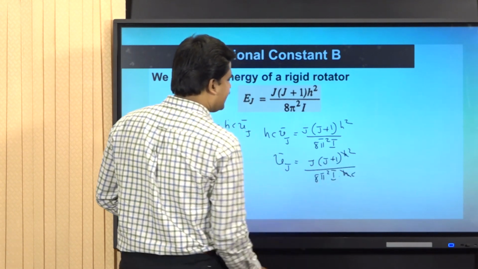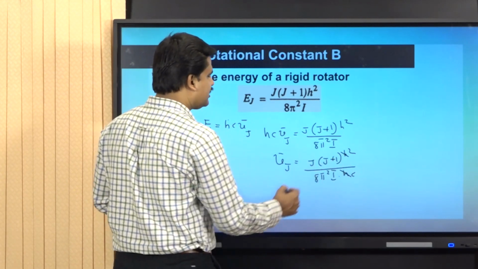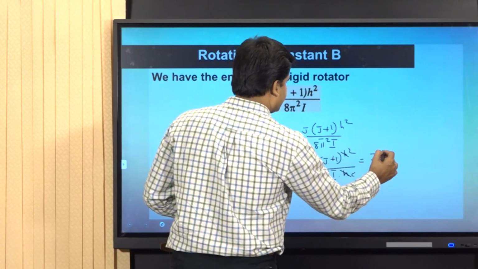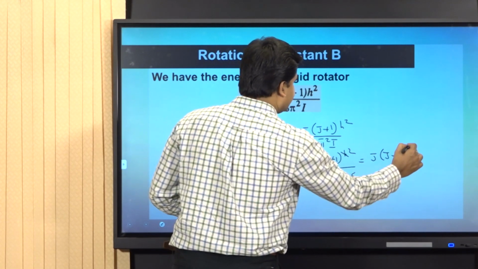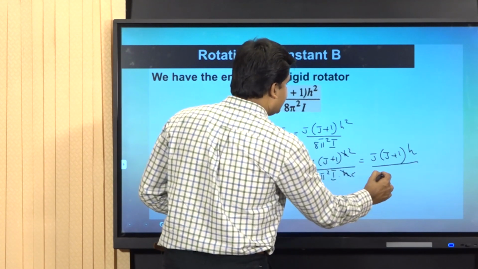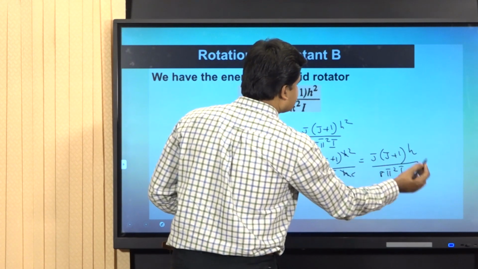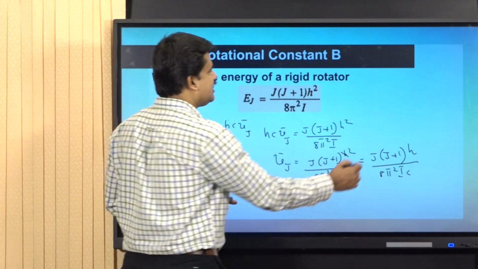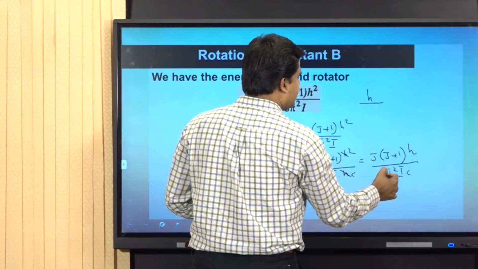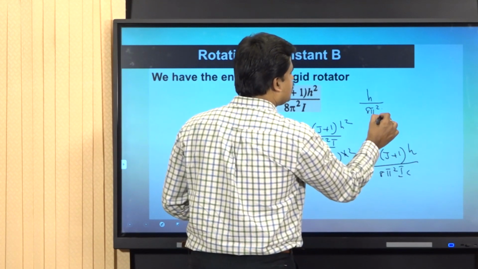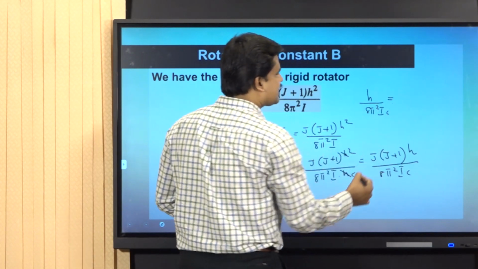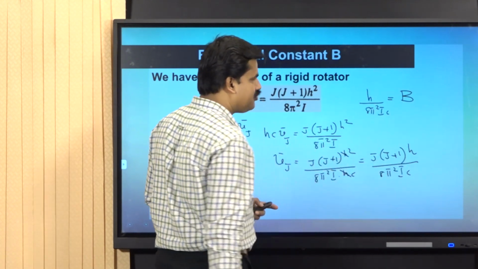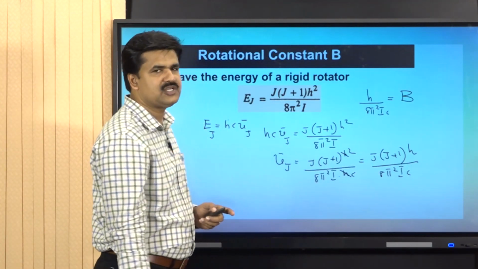One power of h vanishes and I get the term J into J plus 1 h divided by 8 pi square I c. The term h divided by 8 pi square I c is taken as a constant known as the rotational constant B, and that has the unit of wave number.